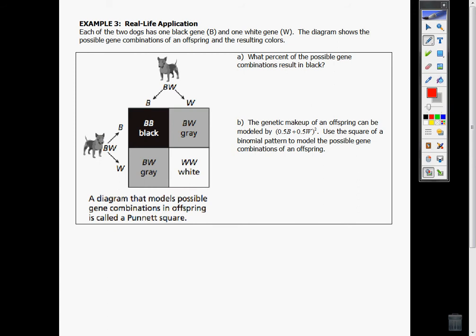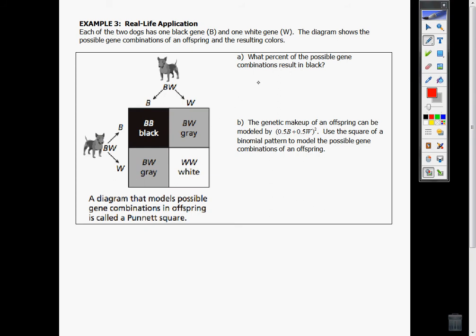So this is what's called a Punnett Square, and if you take a biology type course, you'll see that more, and it's really used for probability, like what is the possibility that you will have a dog that has completely white fur, or a dog that has completely black fur, or a dog that has gray fur, different probabilities for each thing depending on how it works out. So basically, when you have this kind of square going on, these boxes represent the possible outcomes.